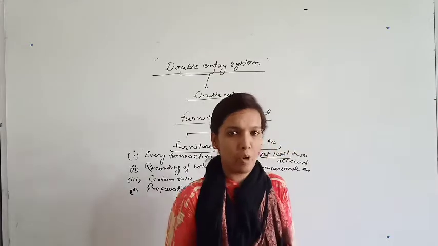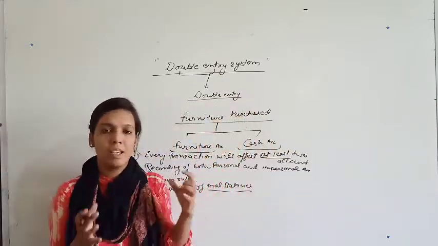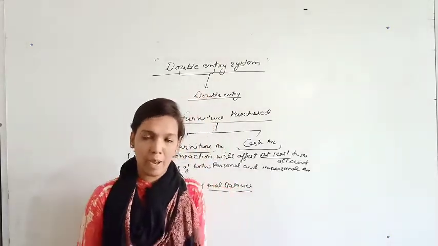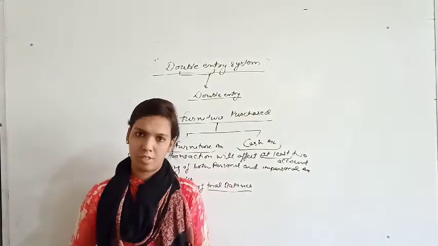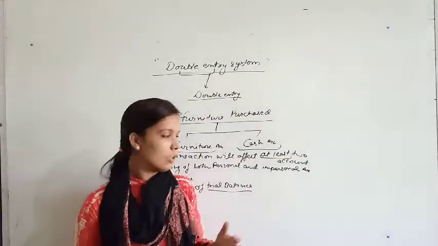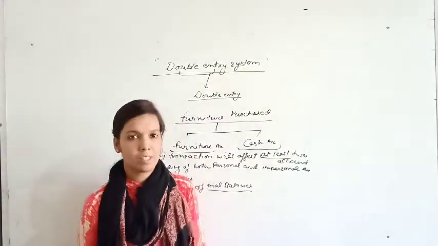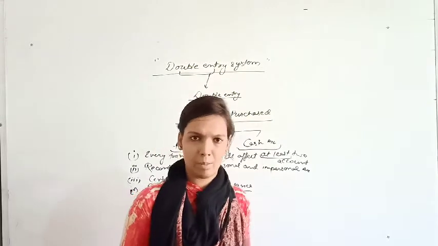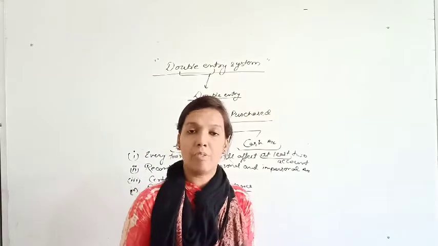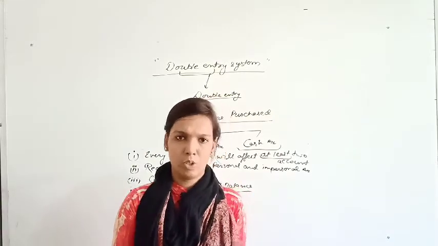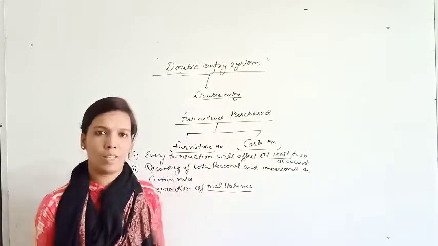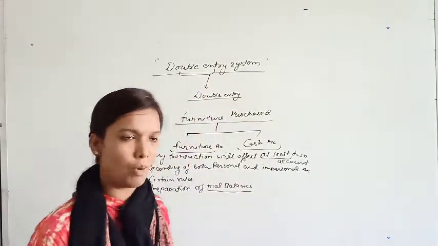Just briefly I am going to explain the meaning of trial balance: it is a statement that is prepared to check the arithmetical accuracy of the transactions. If you have committed any mistake in your account, then you can easily check it by the trial balance. Suppose it happens sometimes, it is a common mistake in business, that in place of 5,000 you have entered 50,000. That is a common mistake of the zero. So this type of arithmetical mistake can be easily found by the trial balance. Okay, later we will discuss it more, don't worry.